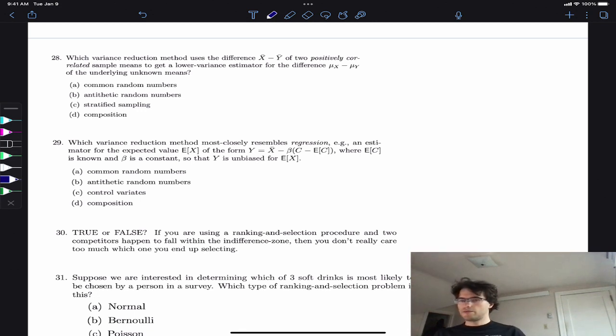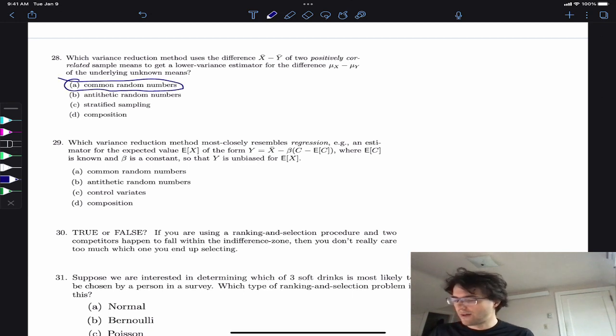Question 28. Which variance reduction method uses the difference x bar minus y bar of 2 positively correlated sample means to get a lower variance estimator for the difference mu x minus mu y of the underlying unknown means? In this case, if you have positive correlation, that's going to be using common random numbers.